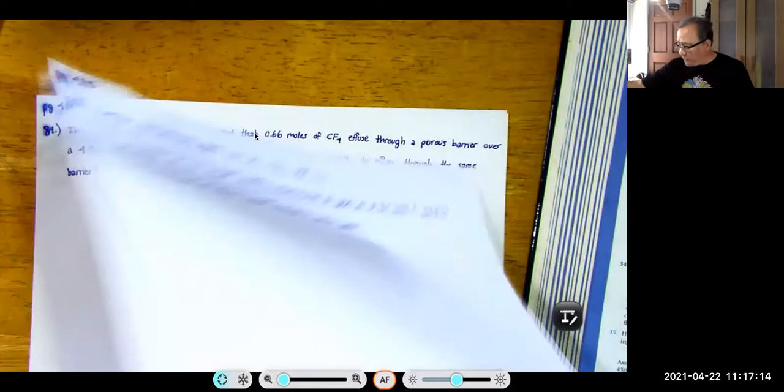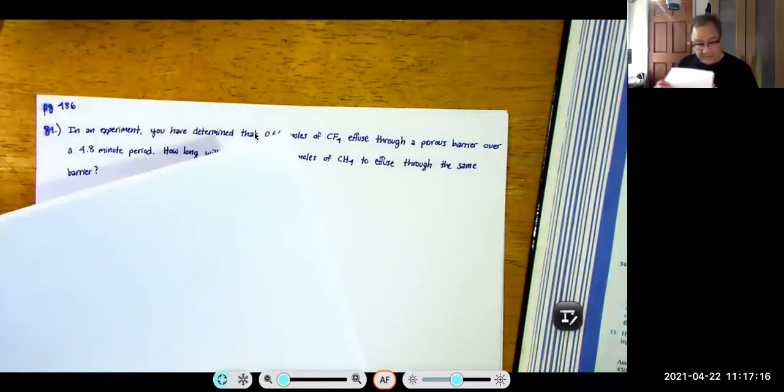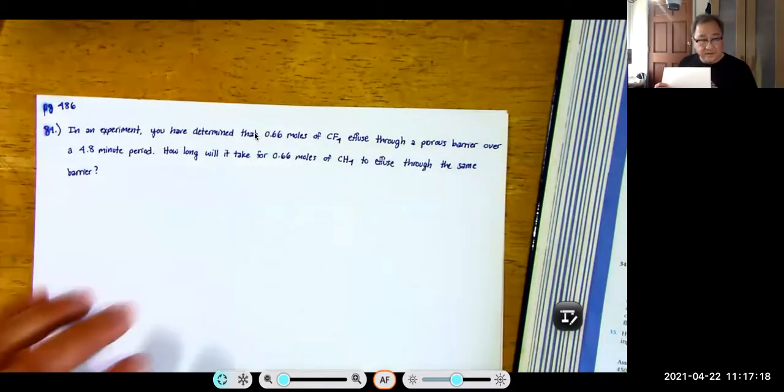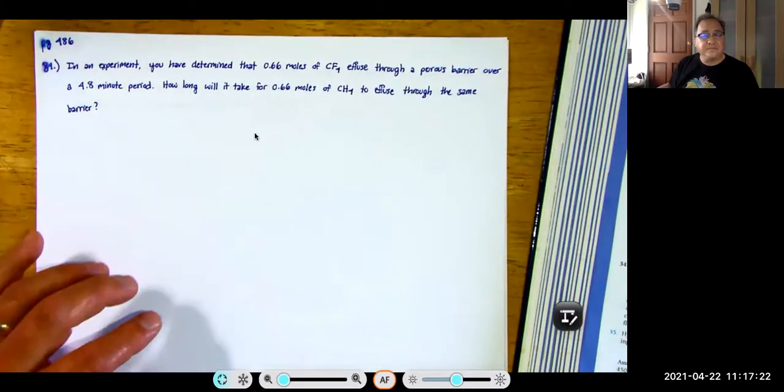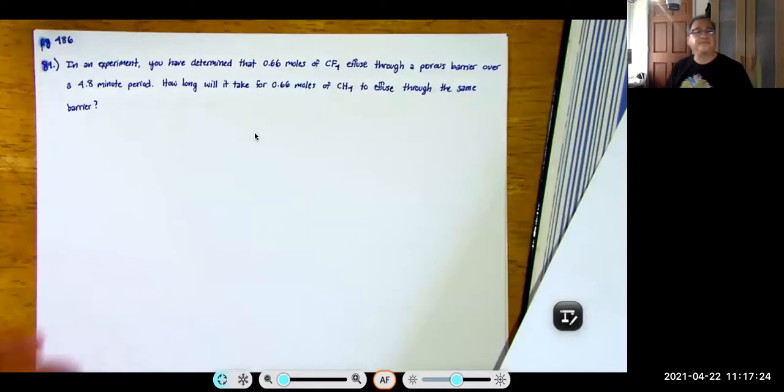Okay, here's number 84. In an experiment, you have determined that 0.66 moles of CF4 effuse through a porous barrier over a 4.8 minute period.